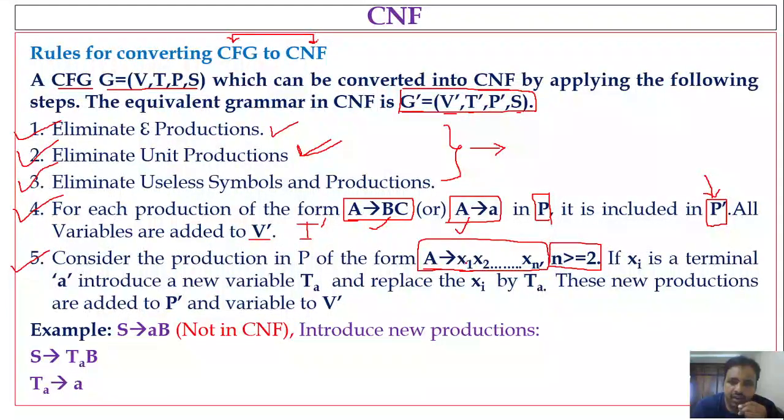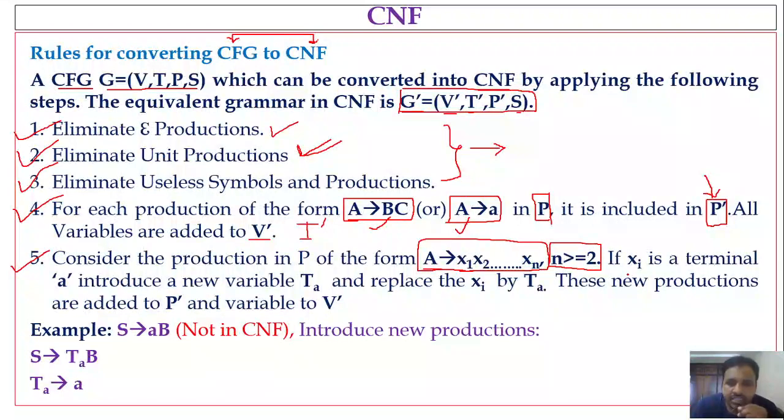If you observe, the body of the production has multiple symbols. Up to two variables are allowed, or one terminal is allowed. But here we have multiple symbols in the body of the production.